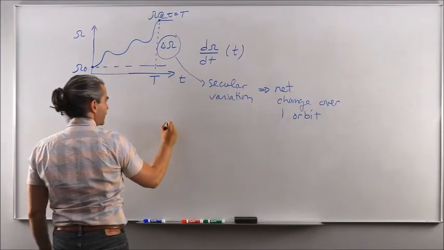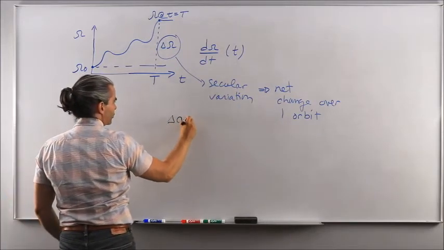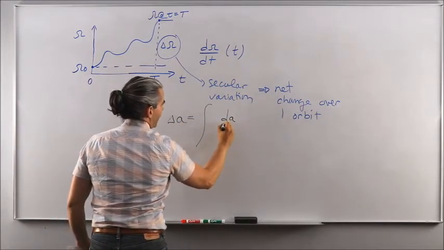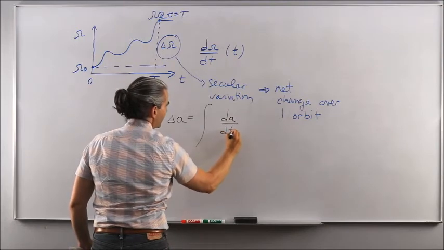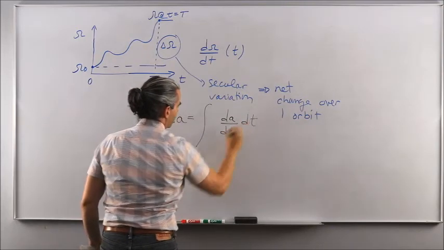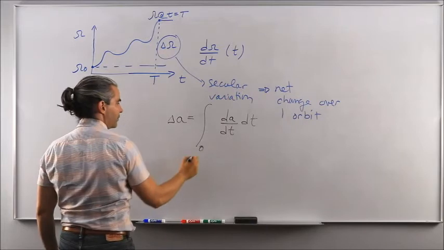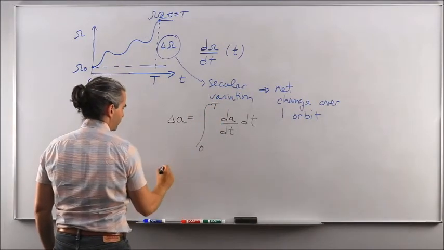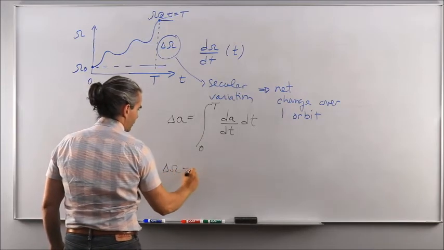Or in other words, you could say that the secular variation in semi-major axis will be the integral of my Gauss Variational equation over time. And that time we're going to let it vary between 0 and 1 orbital period. And do the same for all other orbital elements.